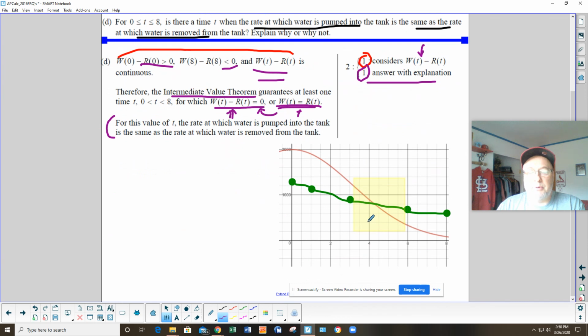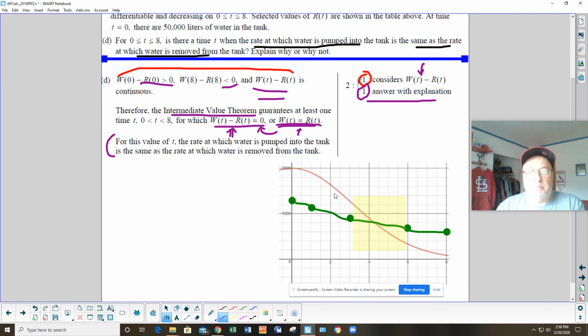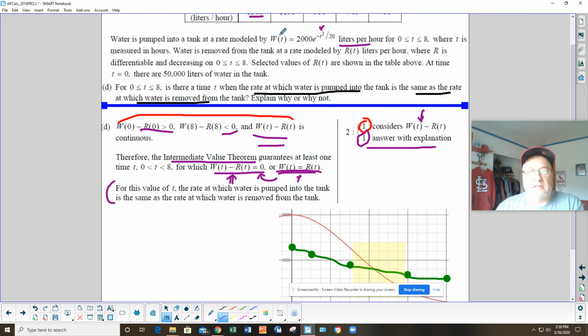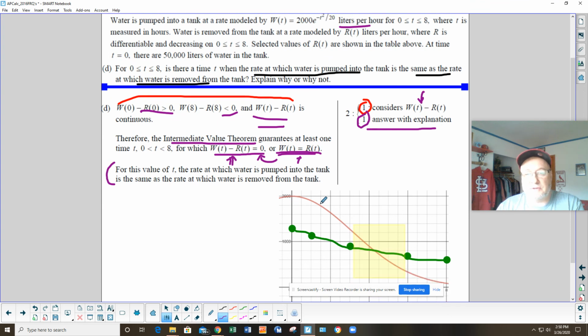So I kind of put this into decimals because it's more clear to see than it is for a graphing calculator. But if you take a look at this W of t function, which is this red one here, it does this. And the green one are just the dots. Now I connected them, but basically this W of t is above the R of t to the left of this intersection area.